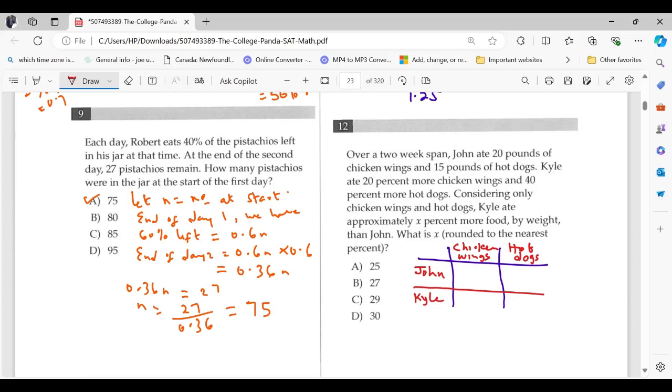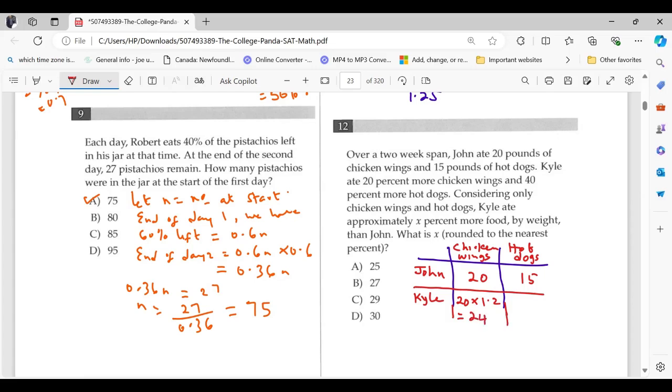John ate 20 pounds here and 15 pounds here. Kelly ate 20% more chicken wings, so 20 times 1.2 will give us 24 here.